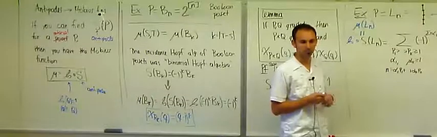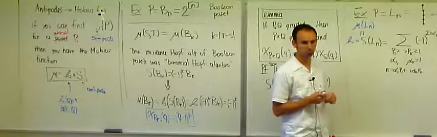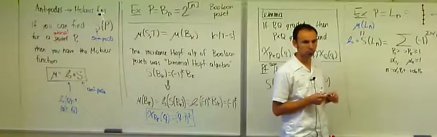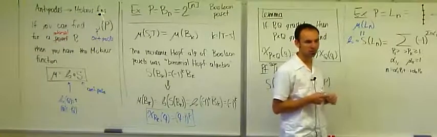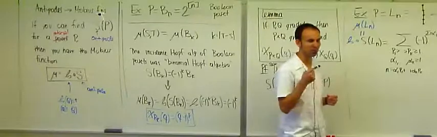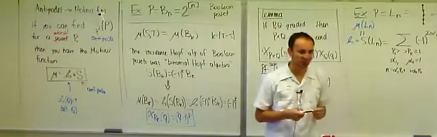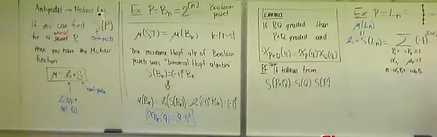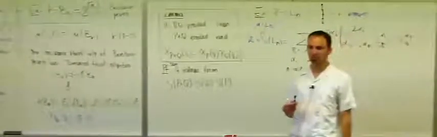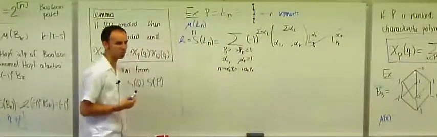I just want to remind her why we're supposed to be excited about the Mobius function again. Is it because we can get to the characteristic polynomial? I'm in the process of trying to get you excited about the Mobius function. So far, I've just given you an example that shows that in some examples it's nice. But I'm going to give you some applications of the Mobius function in a minute.